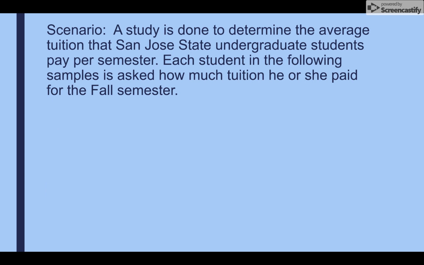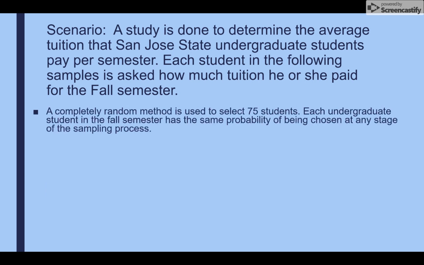Same scenario, researcher 3 uses a completely random method to select 75 students. Each undergraduate student in the fall semester has the same probability of being chosen at any stage of the process. It's identified almost basically in the problem that we're doing random.